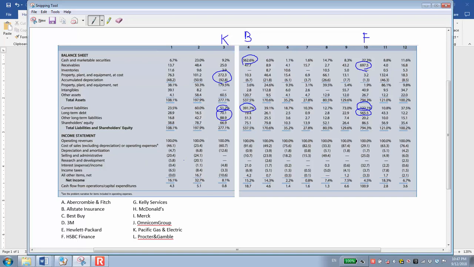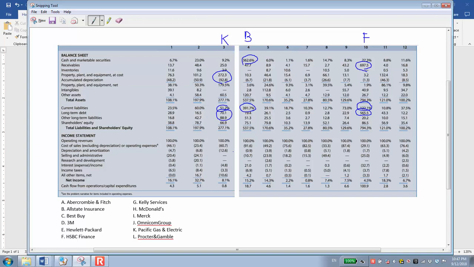We know some companies for sure will spend money on research and development to investigate intellectual products, patents, copyrights, right? So how many firms are there? 1, 2, 3, 4. So four firms spend money on research and development.